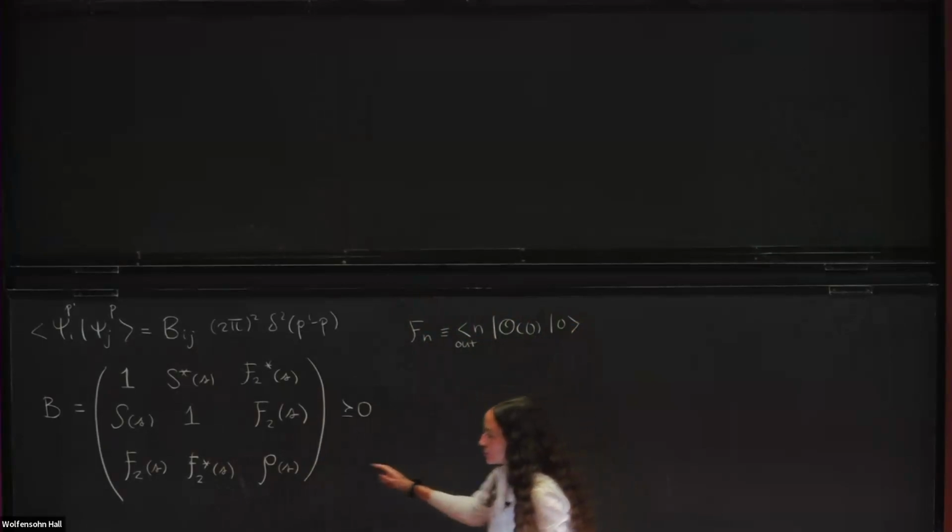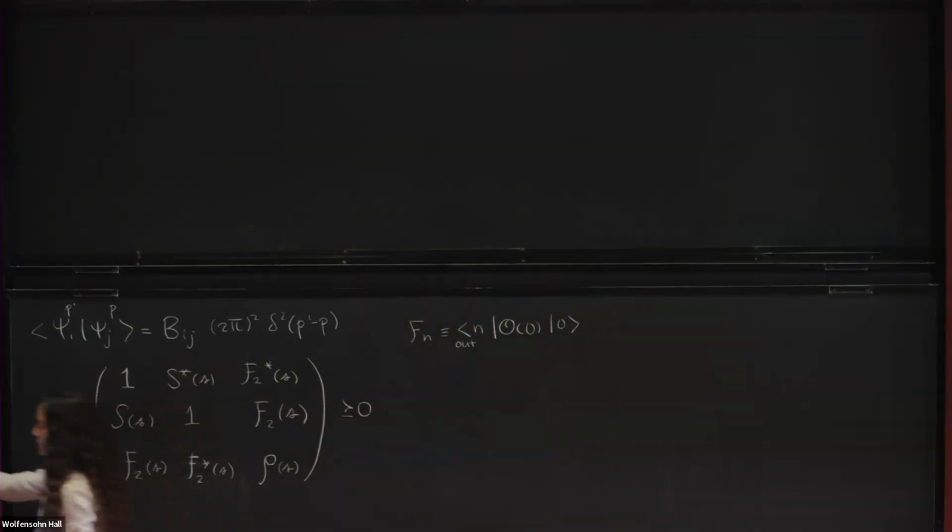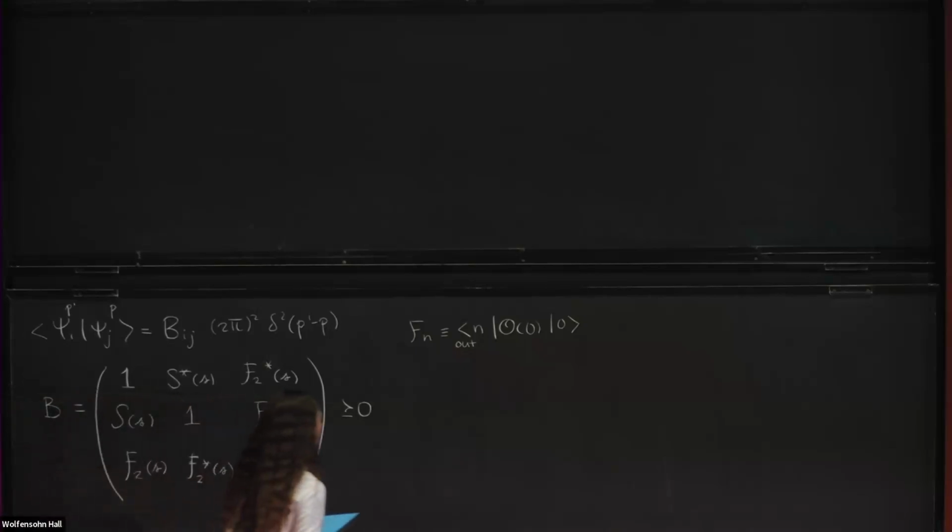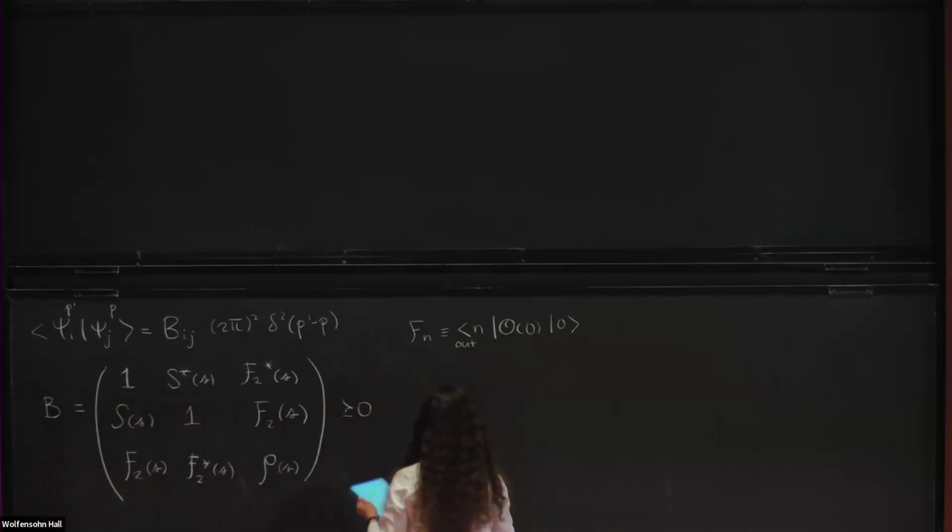You can see with this iteration that you have here, if you translate this operator and act on the 2 particle or n particle state, in the end, you get these delta functions.